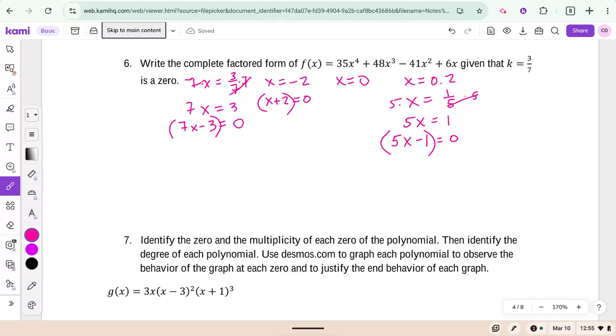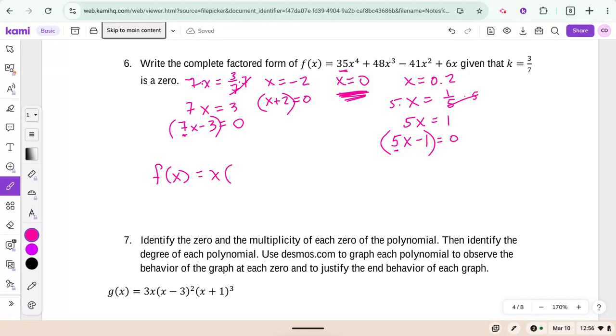Now, notice that my leading coefficient is 35. Notice that I have a 7 and a 5 in the front of two factors, and 7 times 5 is 35. So I know that my leading coefficient is just going to be 35, no different, and that's going to be taken care of with the 7 and the 5. Now this one that says x equals 0, I'm going to start with that factor. I'm just going to put x.